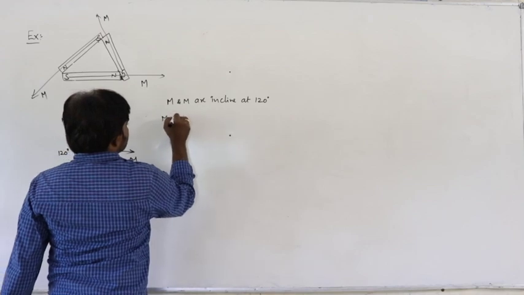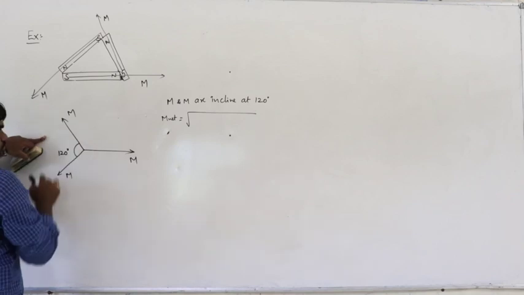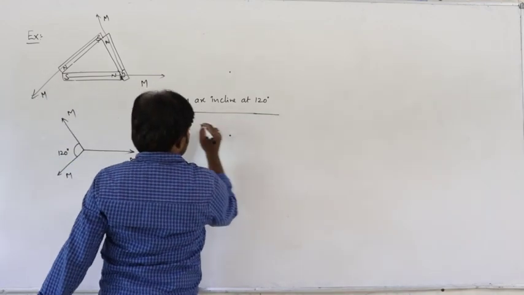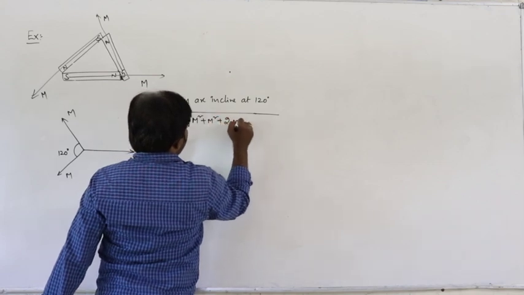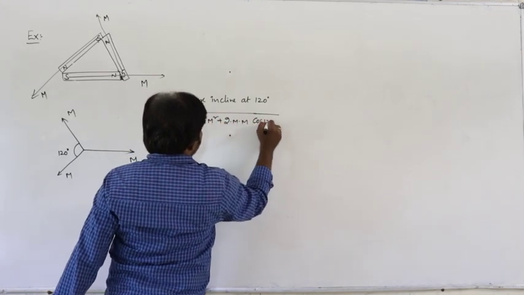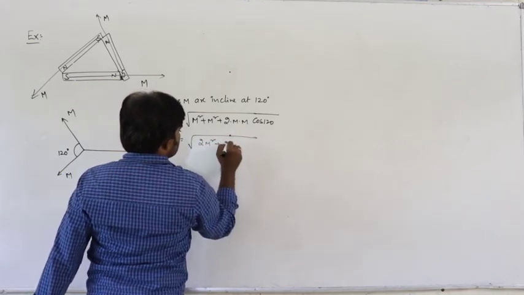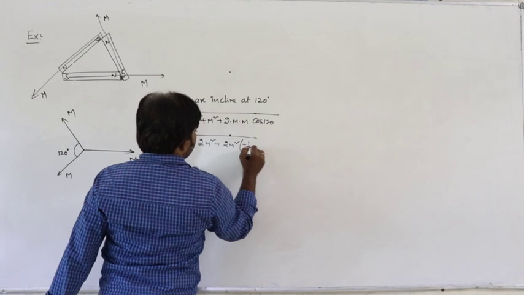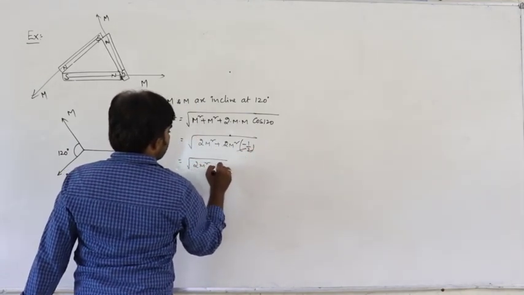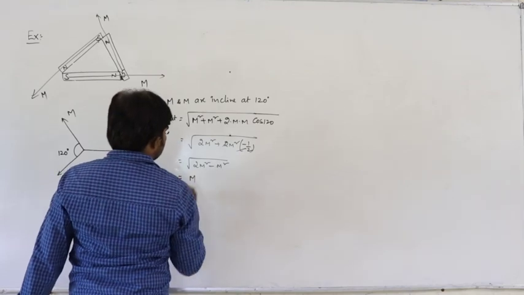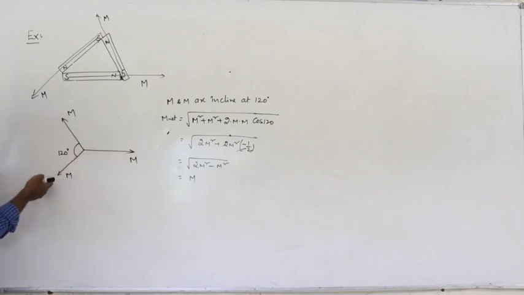So M net for these two is the square root of m square plus m square plus 2 into m into m into cos 120, that is 2m square plus 2m square cos 120, and cos 120 is minus 1 by 2. So that is 2m square minus m square. So that becomes m.